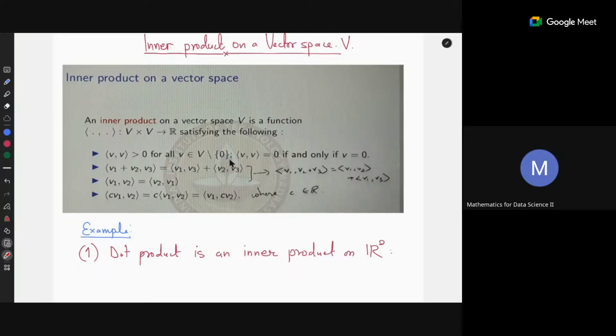This is the definition of inner product. But I want an example where the first condition is not getting satisfied, which is why it is being rejected as not being an inner product.